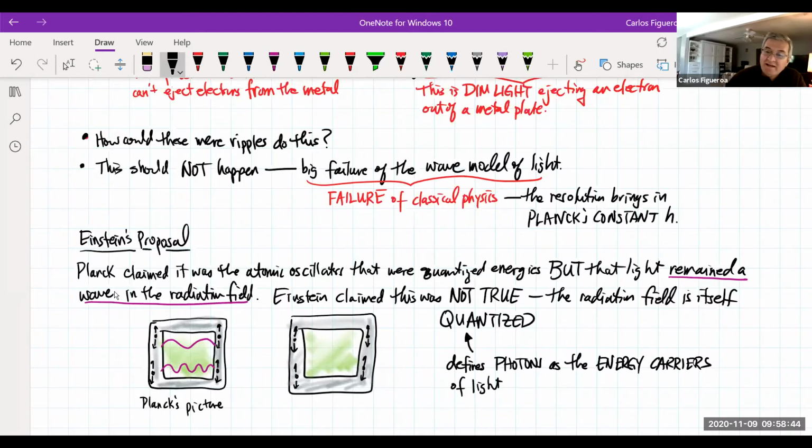He defines that they have universal characteristics. So as these oscillators do their thing, you're sending out little quanta of energy packets, and they carry the energy. So these guys right in here are the energy carriers.